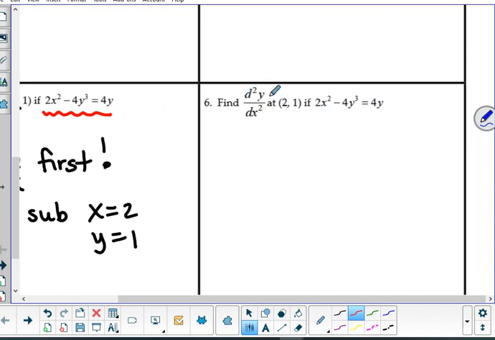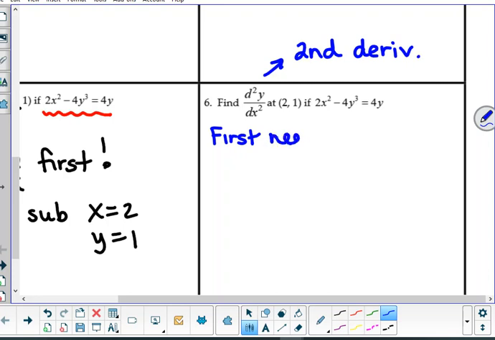And to find the second derivative, and make sure we make a little note here, this is asking for the second derivative, we would need dy/dx first.